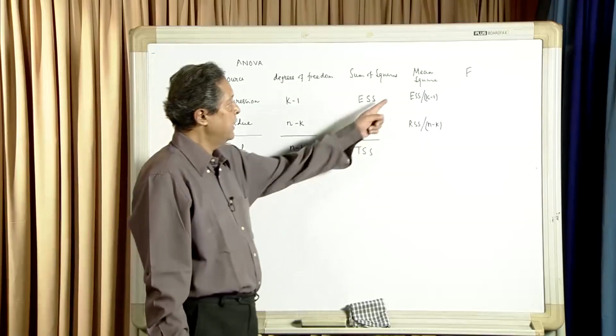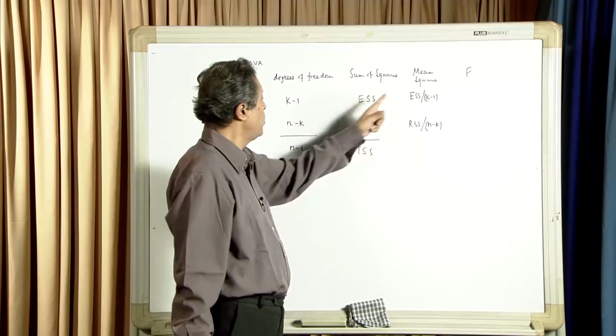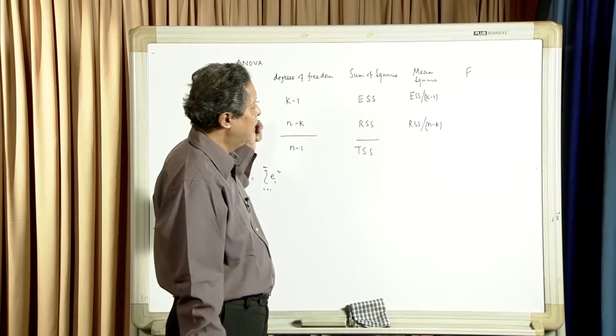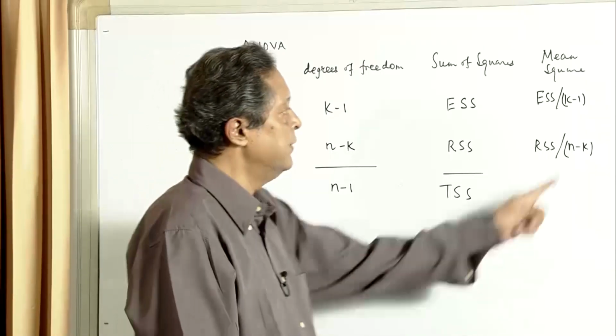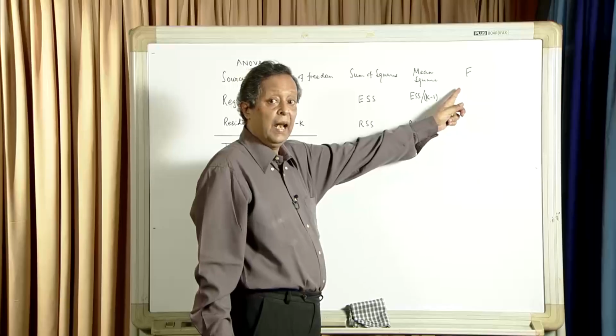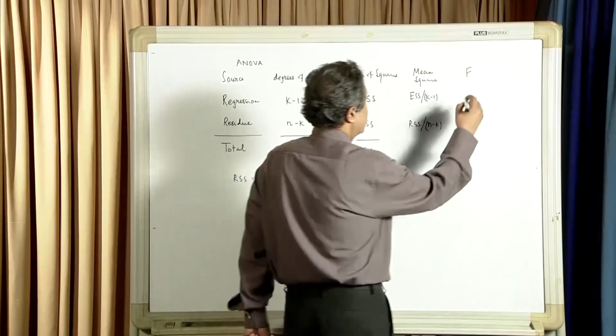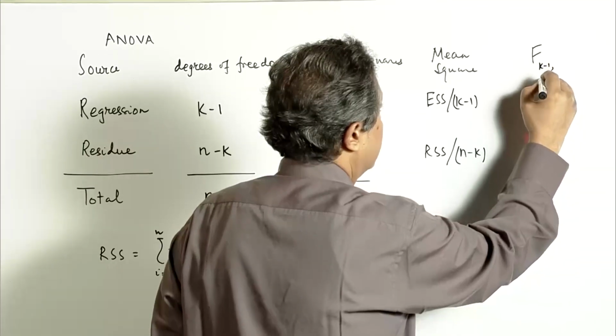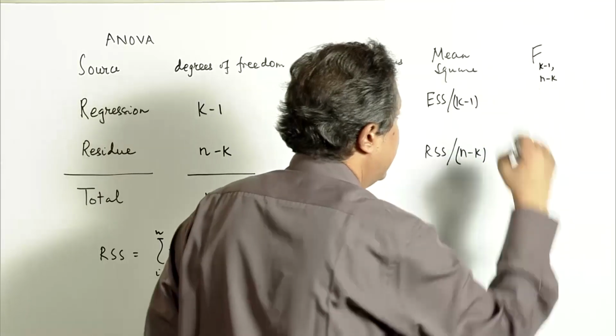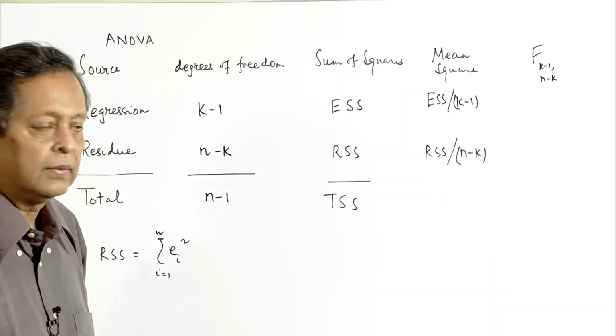Finally, the ratio of the mean square arising from the regression to the mean square arising from the residue is given as an F distribution. So, this F distribution has k minus 1 and n minus k degrees of freedom.